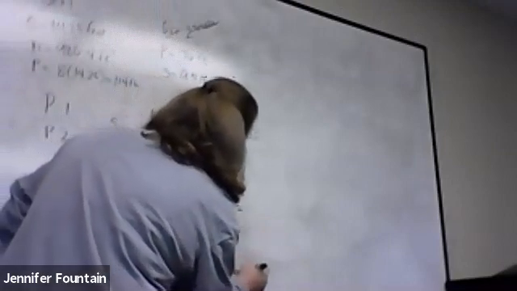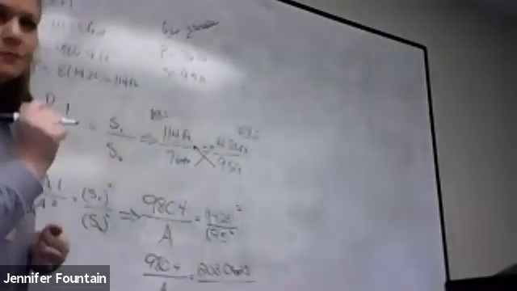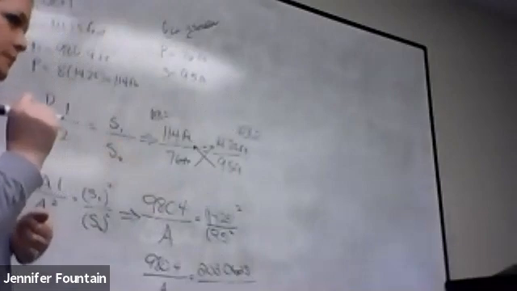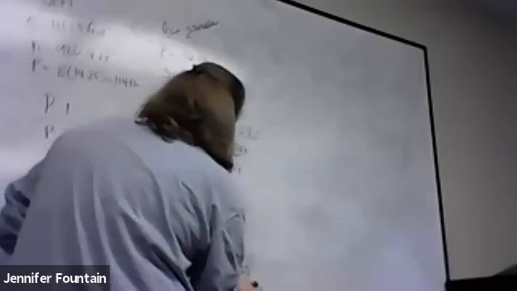We'll go ahead and leave it as that, over 9.5 squared, which is 90.25. So now what am I gonna need to do here? Cross multiply. Okay, so I'm gonna cross multiply.